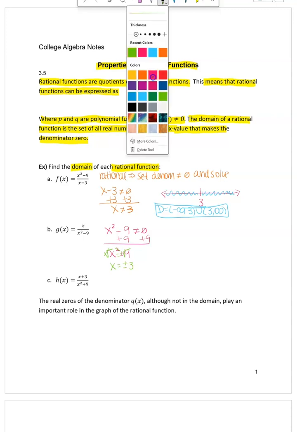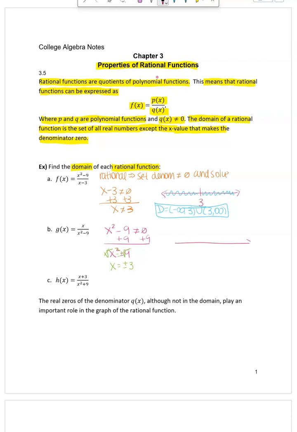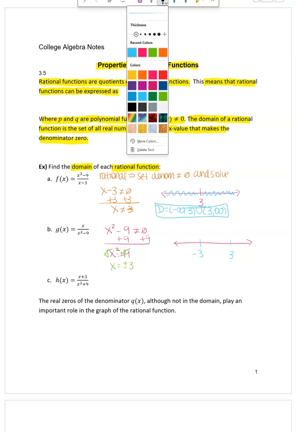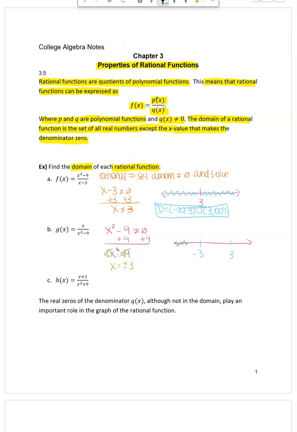Again, let's put it on our number line. But this time, we have a negative 3 and a positive 3. It could be anywhere here, here, or here. So our domain will equal negative infinity to negative 3.